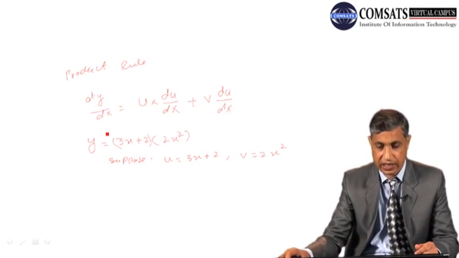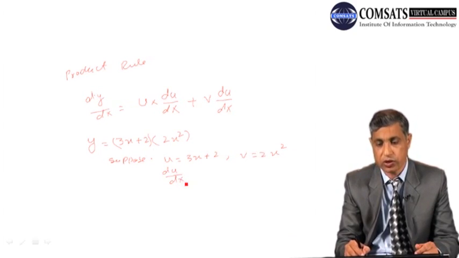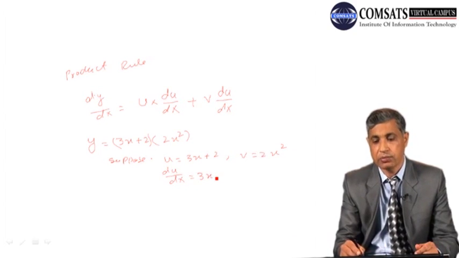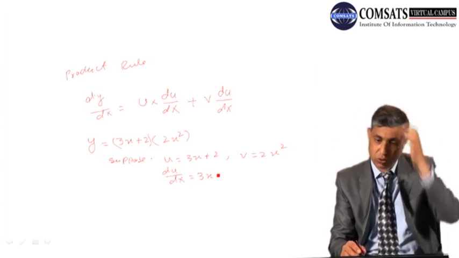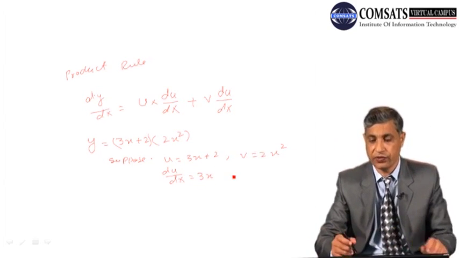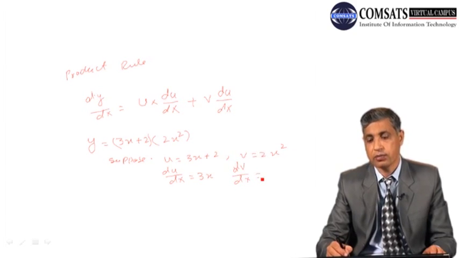So what is there if I take the derivative here? du over dx is equal to 3x, because the constant 2 will be equal to 0. Here dv over dx, using the power rule, will be equal to 4x.